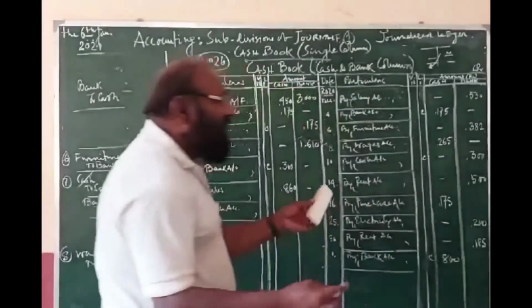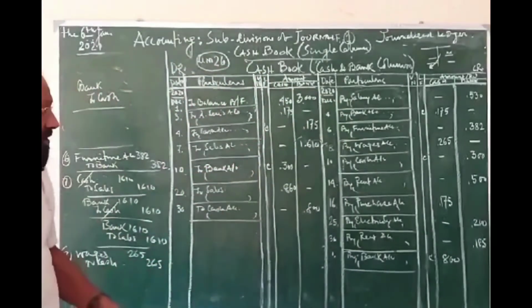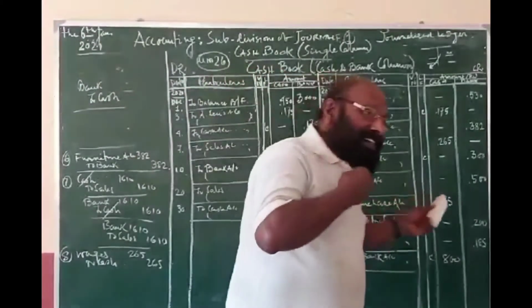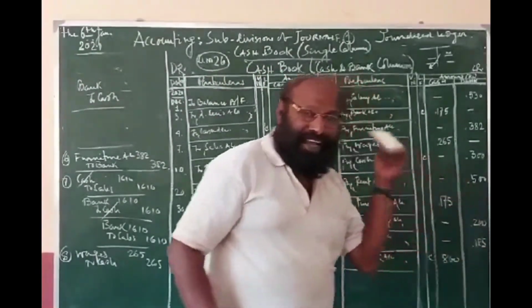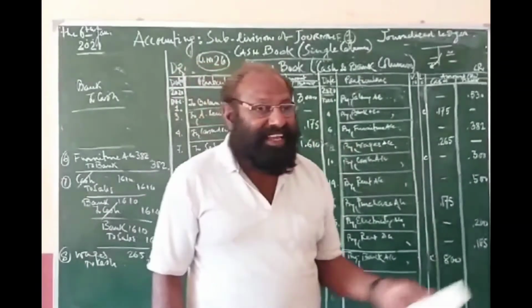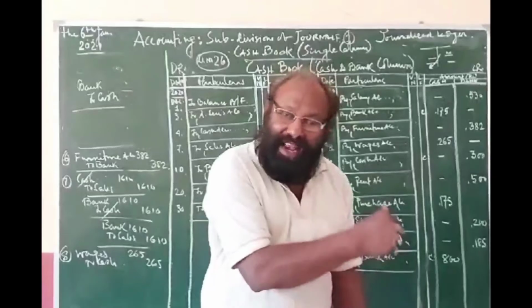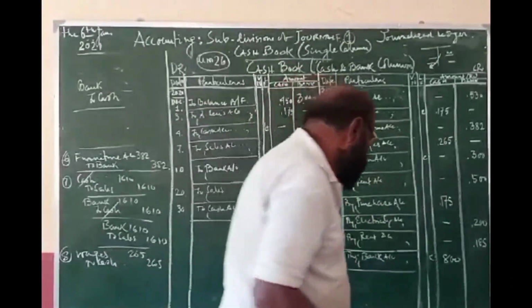So, friends, this is the completion of the journal and ledger both, journalizing and posting. Clear. Now you total it and make the balance.